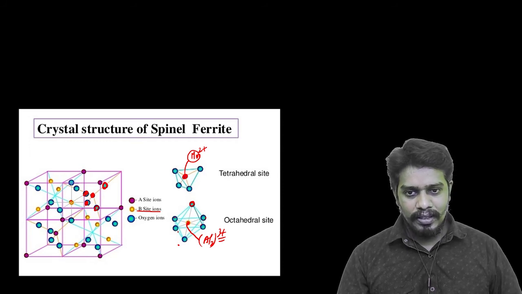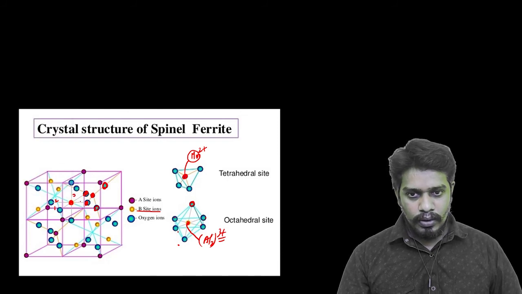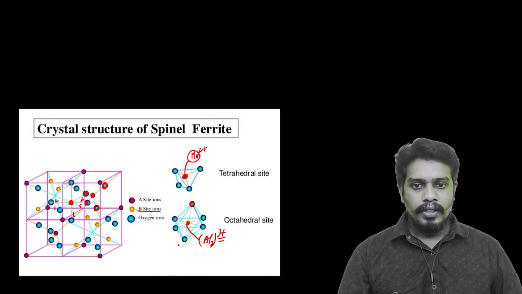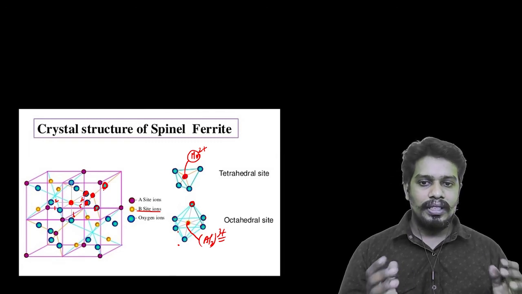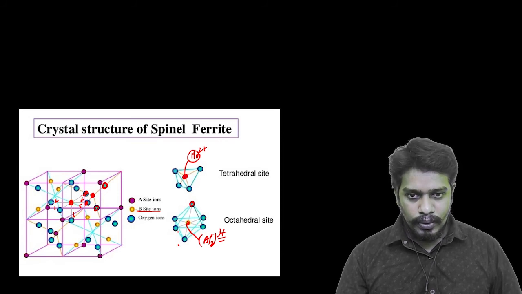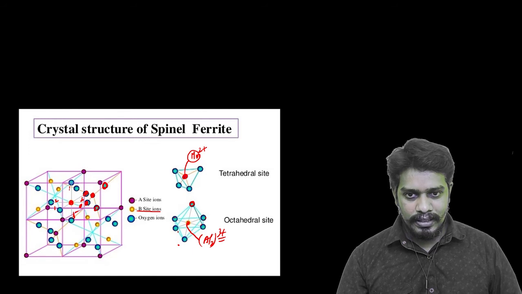We can take this one. If I take this one, it is occupied by 1, 2, 3, 4, 5, 6. Sorry, here 1, 2, 3, 4, 5. This is not 5, this is 6.